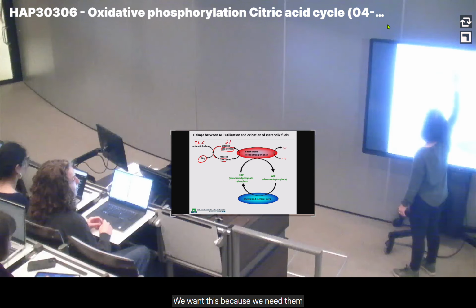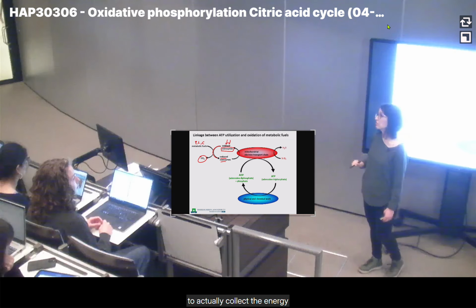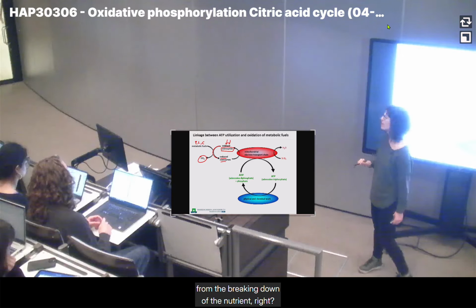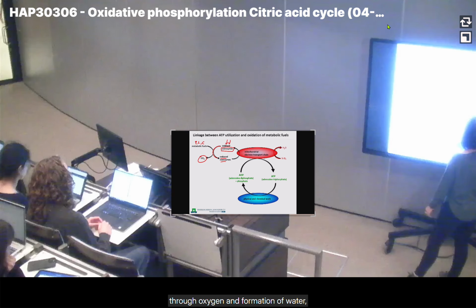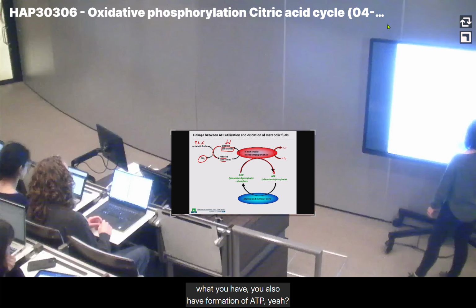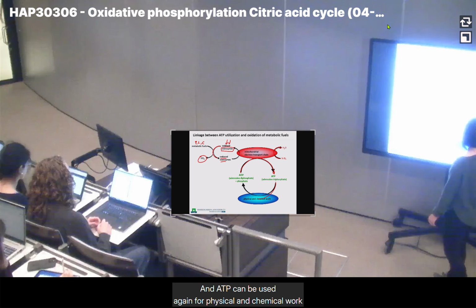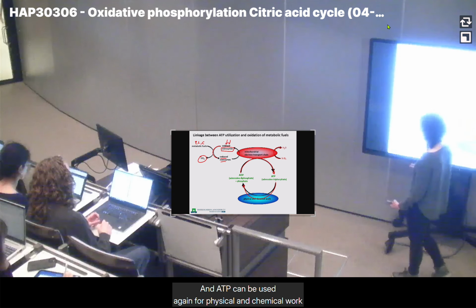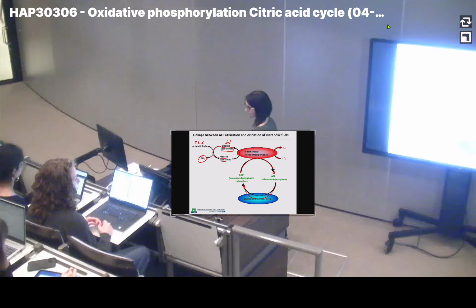We want this because we need them to collect the energy from the breaking down of the nutrients, right? And then, through oxygen and formation of water, you also have a formation of ATP, yeah? And ATP can be used, again, for physical and chemical work when there is the need from the cell.